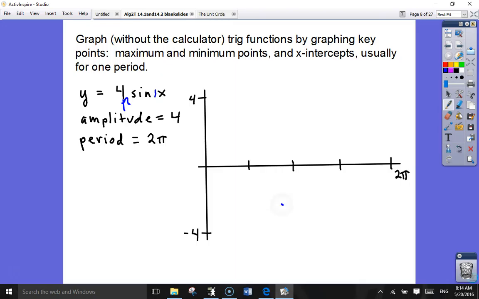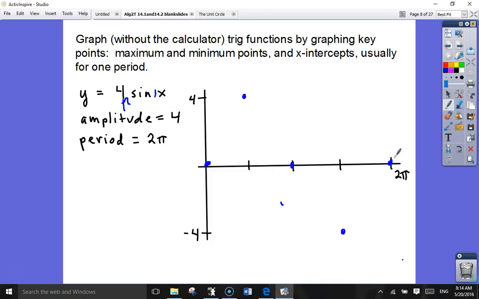So it'll go from 0 to pi, to its maximum at pi over 2, back to 0, to its minimum, and back to 0. So in the calculator, in the book, they emphasize you're graphing 5 key points, right?